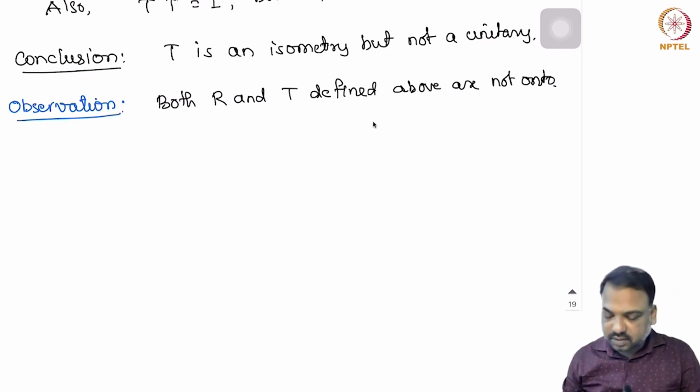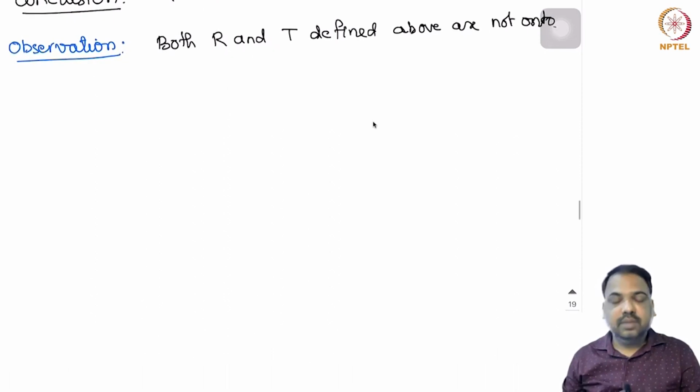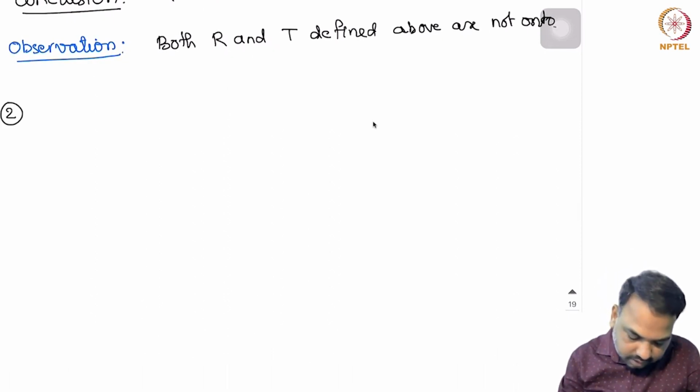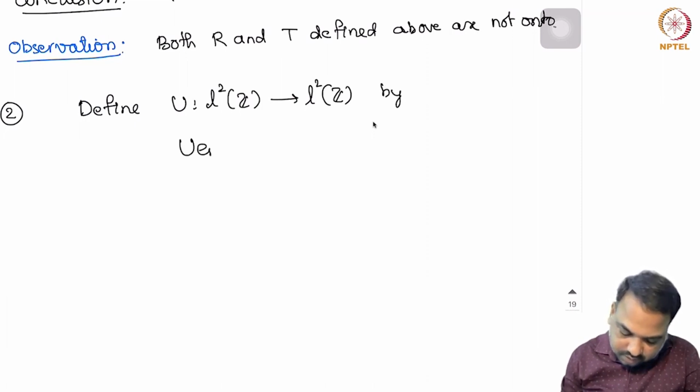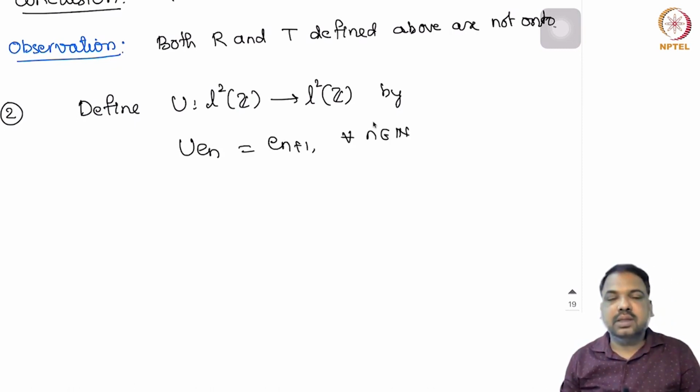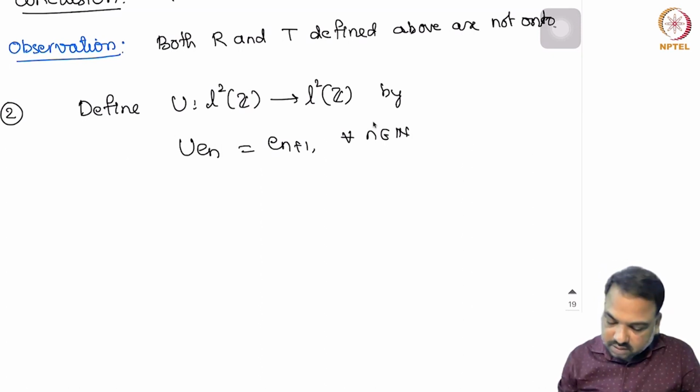So let us look at one example of a unitary operator. Define U from L2 of Z into L2 of Z by U of En is En plus 1 for every n in Z. So here En is the standard orthonormal basis for L2 of Z, where n is ranging over the integers.